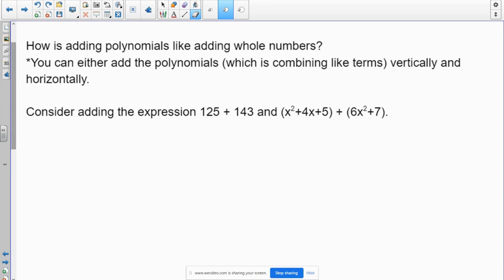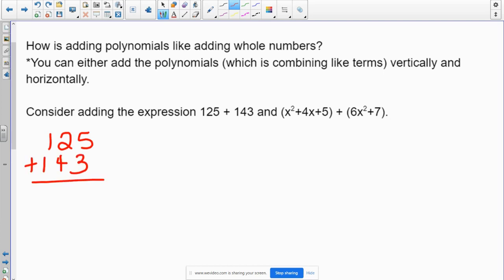So we're going to consider the expression 125 plus 143. This is kind of like elementary school when you added up whole numbers, and you would line them up according to their place value.